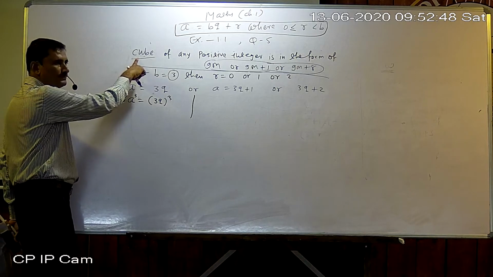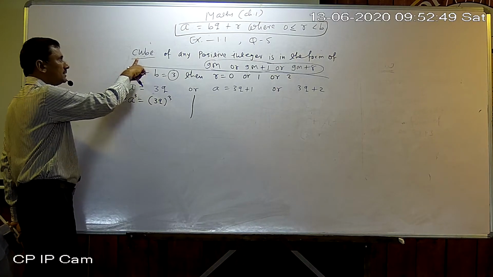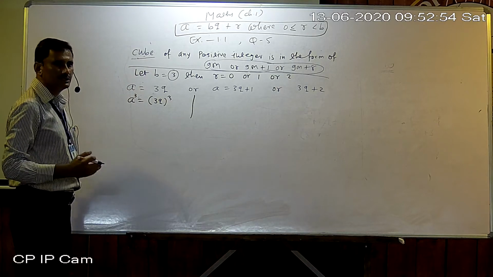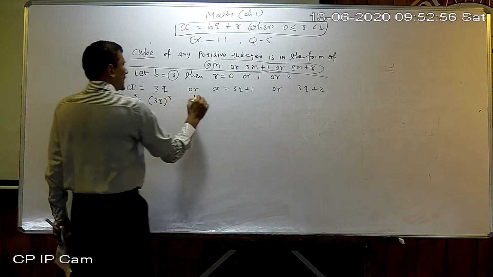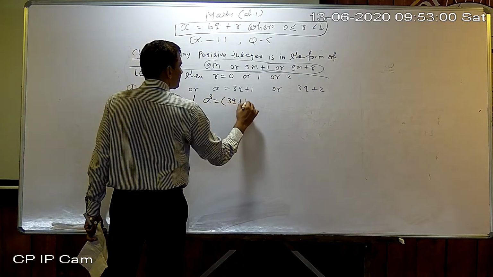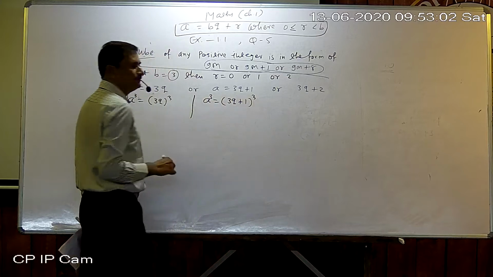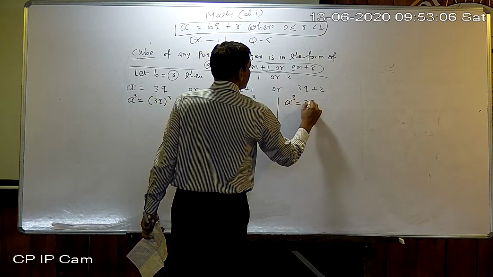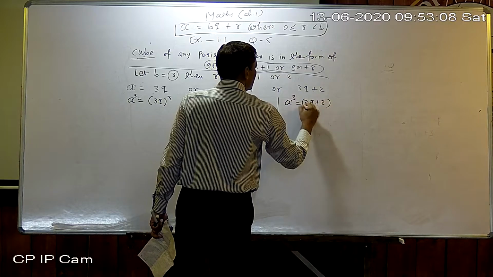Why? You know, because in the question the cube of any positive integer is asked. Now a cube equal to 3q plus 1 whole cube, and in the same way a cube equal to 3q plus 2 whole cube.